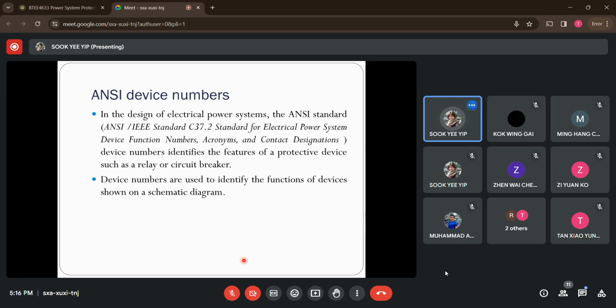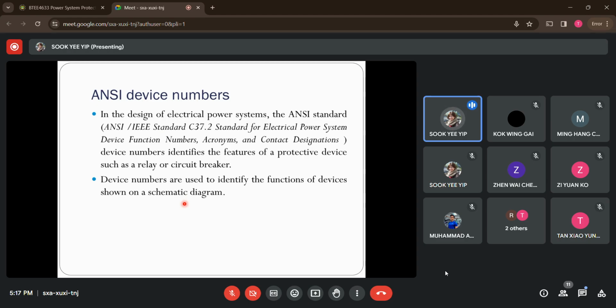This standard is called the ANSI device code, or you call it the IEEE standard. Basically, it is used to specify certain components we are using in terms of protective devices, let's say relay or circuit breaker, by just looking at the single line diagram. So it's a code that allows you to directly tell what the components are that you already use on a schematic diagram.